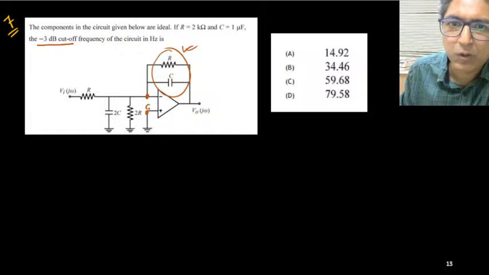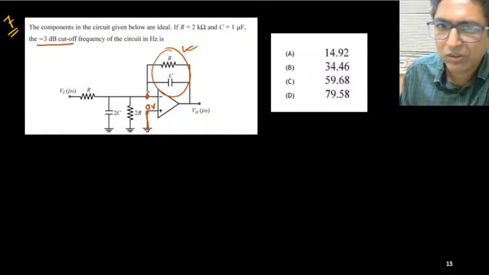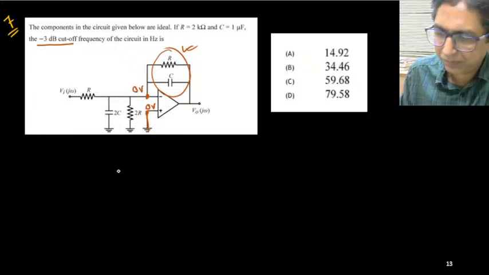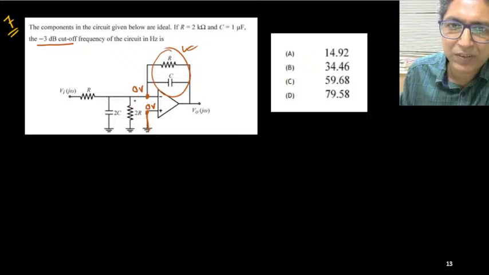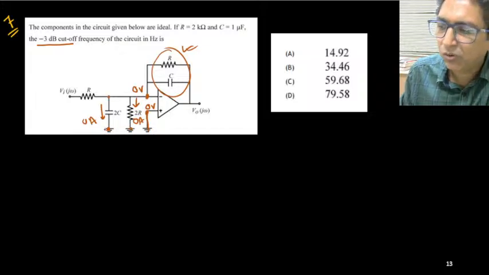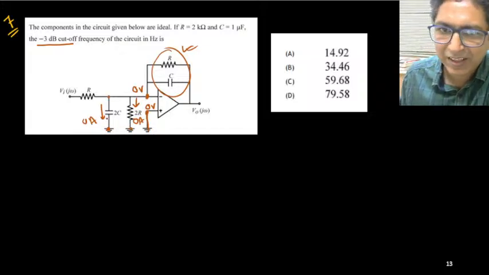This is your 0 potential, 0 volt, because it is connected to ground. So this end is also 0 potential. If it is 0 potential, what is the current to this side? It is 0 ampere. What is the current to this side? Again 0 ampere, because this is grounded. No current flows.